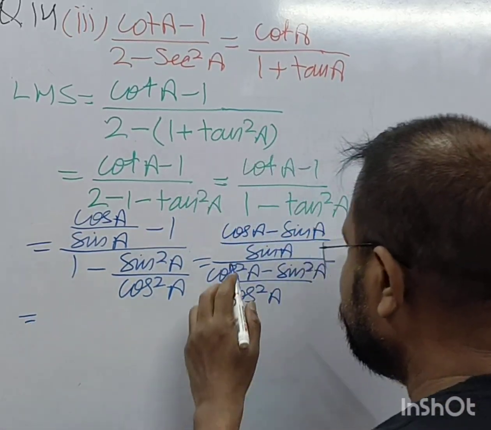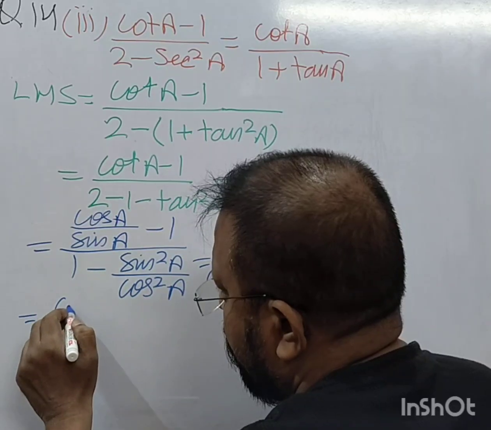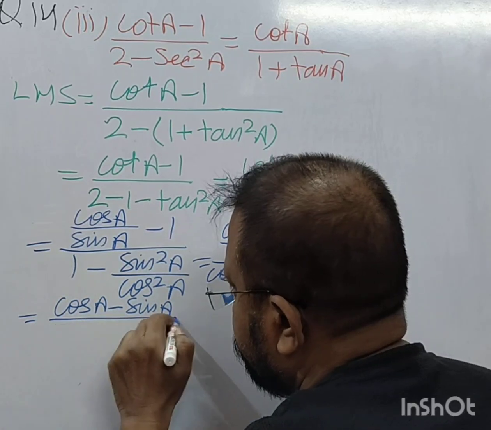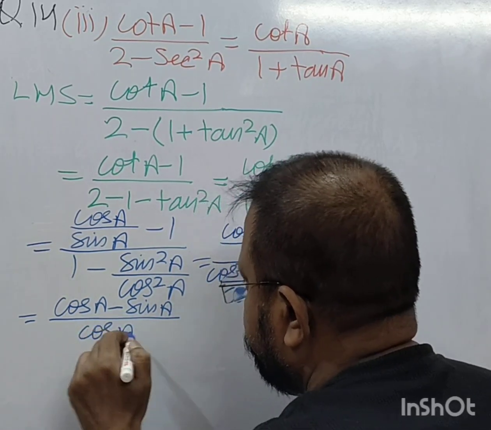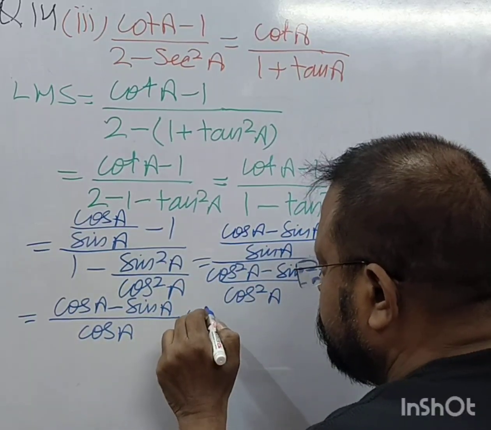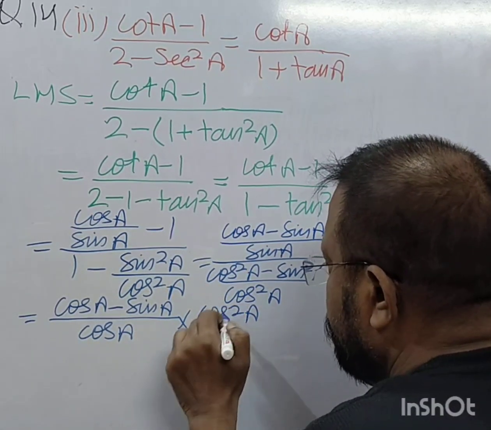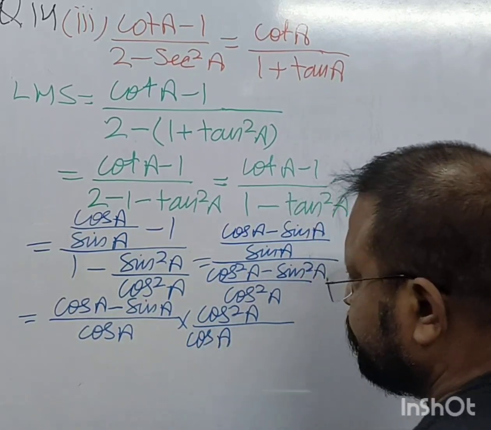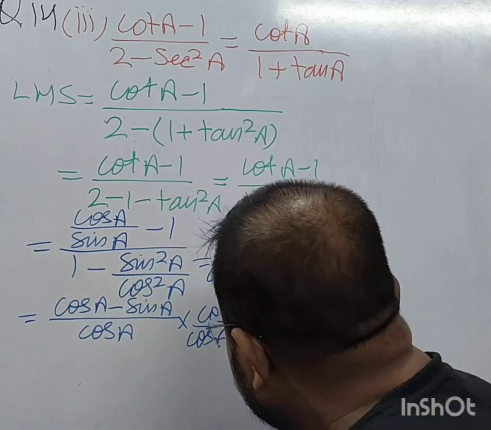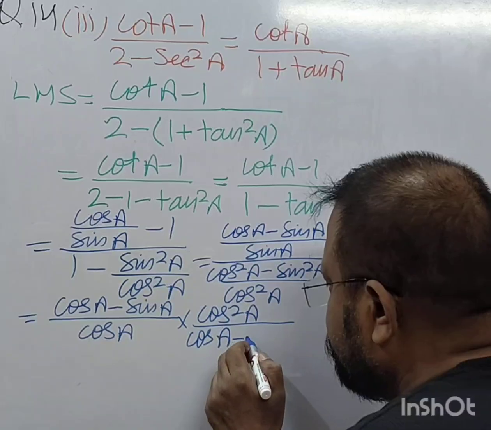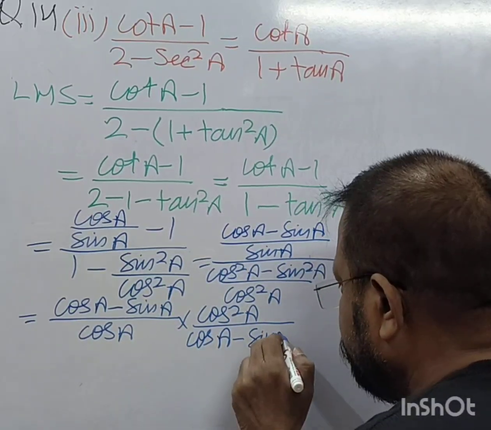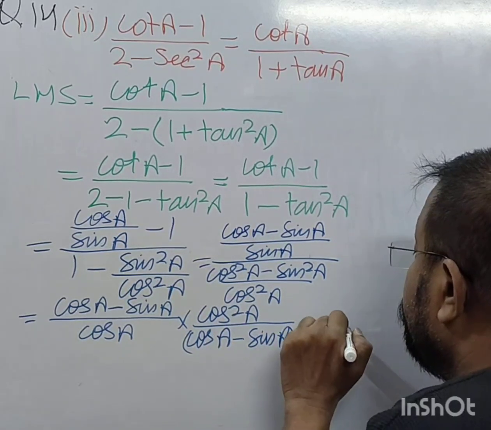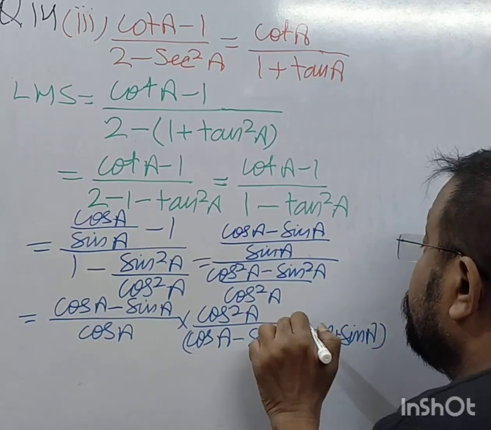So you can write it cos A minus sin A upon cos A into cos square A upon cos A minus sin A and cos A plus sin A, right?